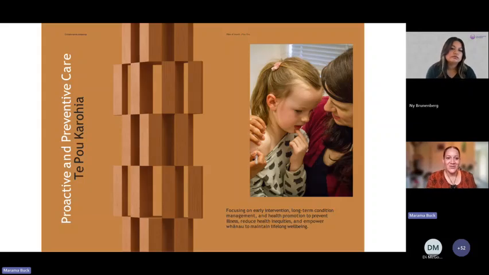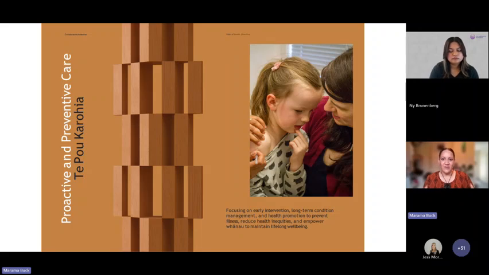Beautiful. So this pou karo here is around proactive and preventative care. So you will recognise this from Healthcare Home. We had proactive and then preventative care separately, so we've pulled those together. So in this pou, this is where we are really advocating for a system where long-term health planning is the norm.